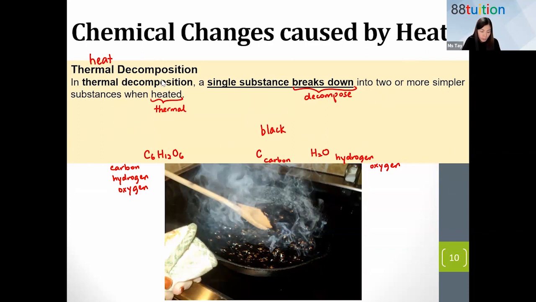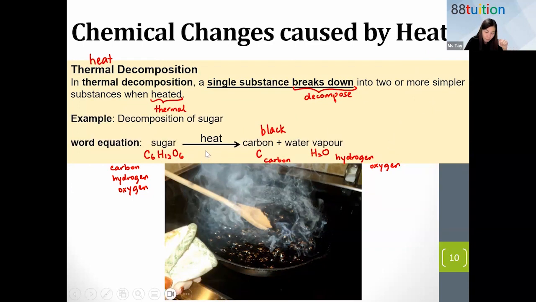So in thermal decomposition, one single substance is decomposed into two or more substances when heated. We were talking about sugar. That's why there's scribbling here. Sugar, if we were to heat it, will eventually form carbon and water vapor.